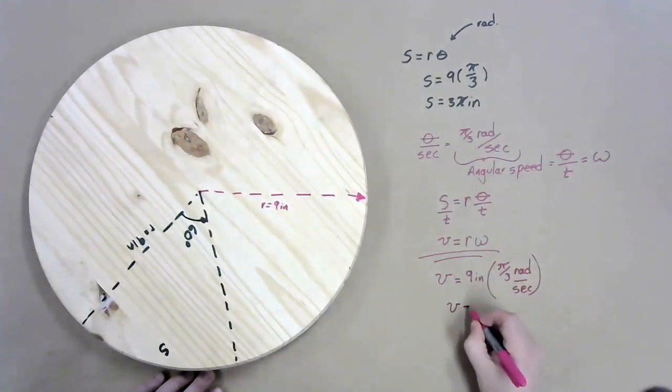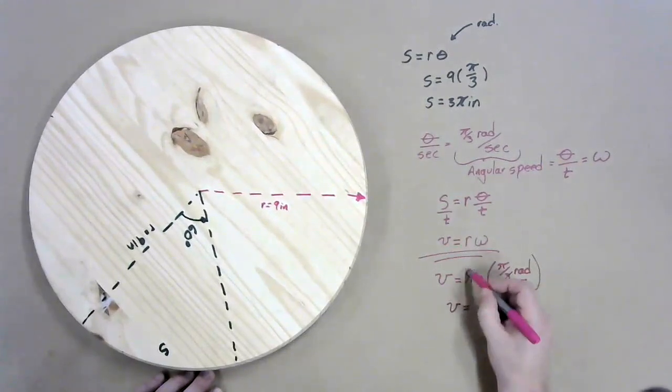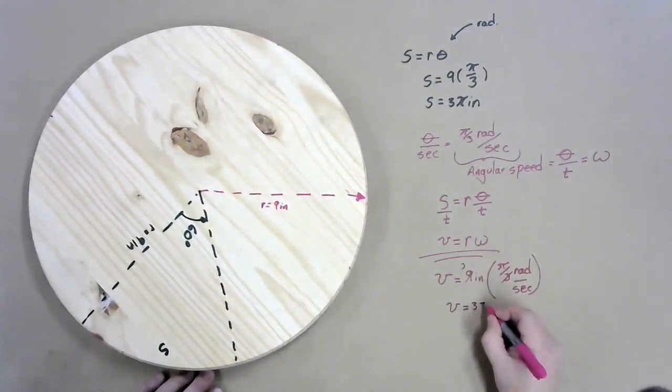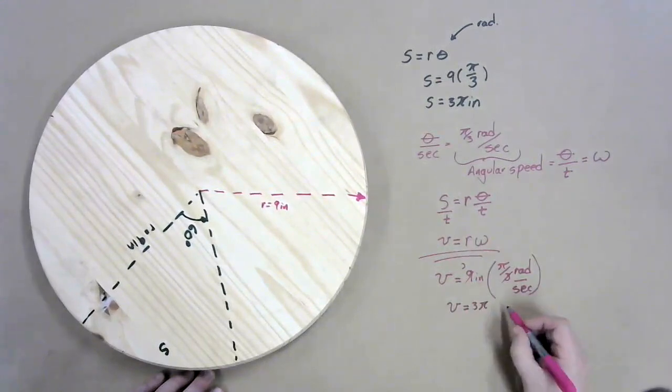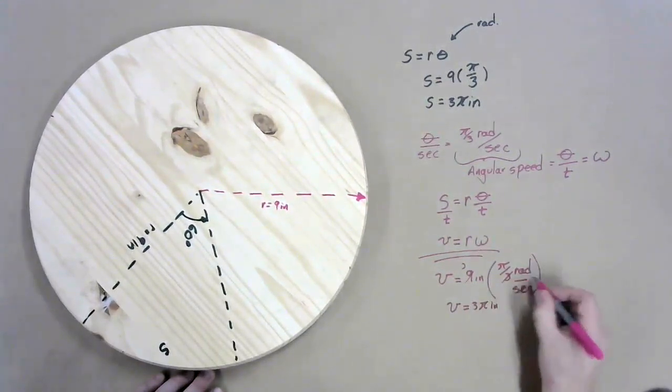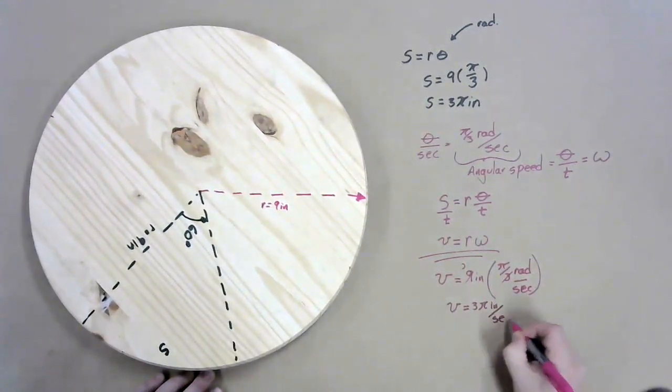Well, gosh, those just cancel again, and we get 3 pi inches times the radians is again just inches per second.